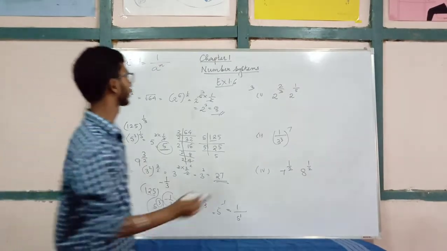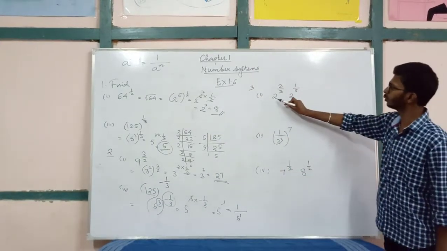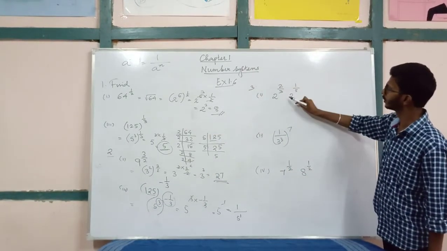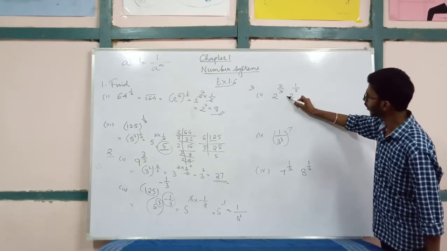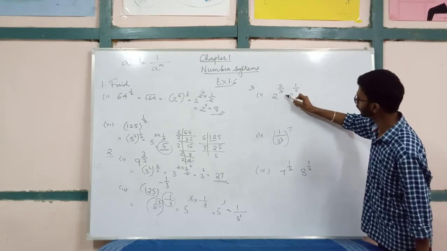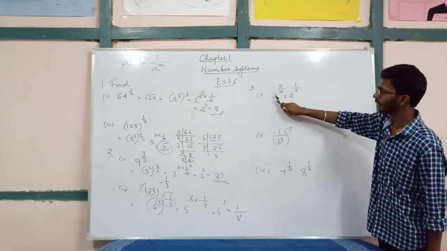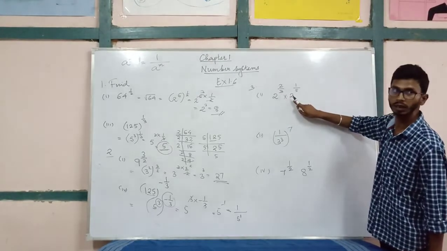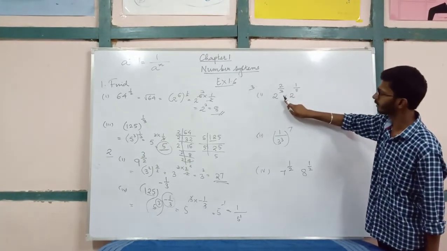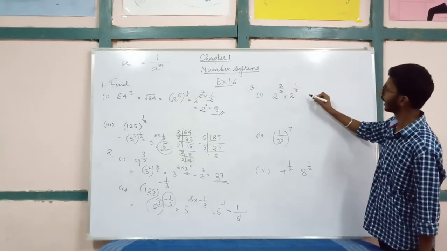Question number 3. 2 to the power 2 by 3 dot 2 to the power 1 by 5. Dot basically means product. As I told you, in the first law, when the bases are same and the operation is product, the powers get added.